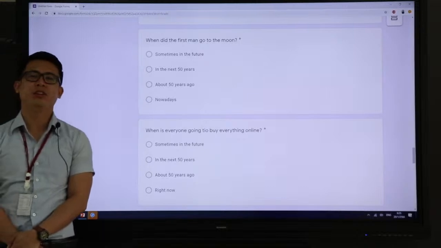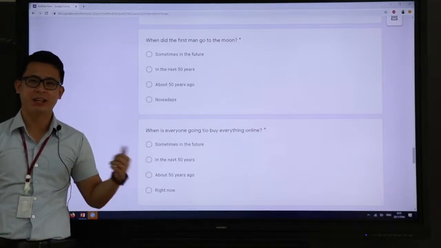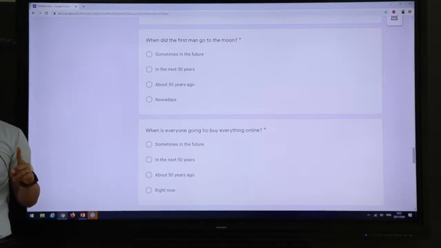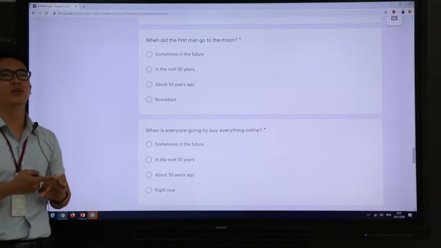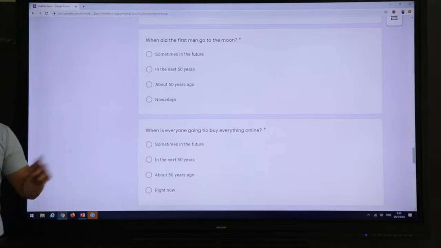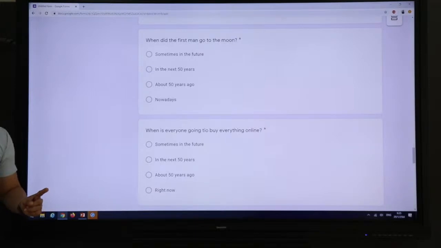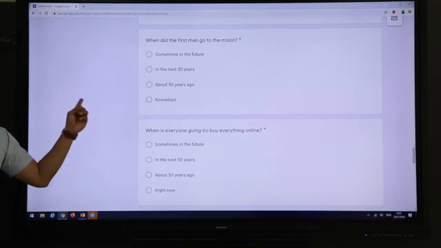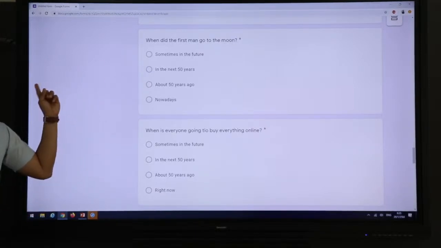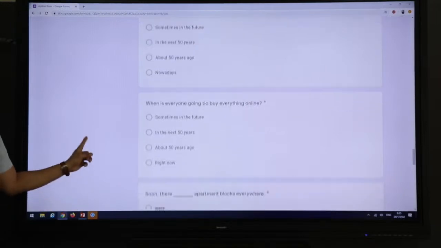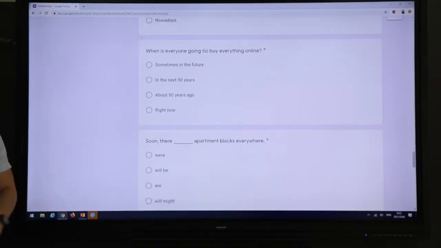So you learned yesterday the different time expressions for the past, present, and future. So you will not be having a hard time answering this one. Teacher will be very disappointed if someone gets a very low score in this part because we just discussed this yesterday. Okay, next.